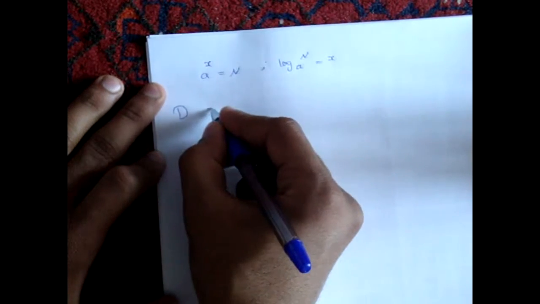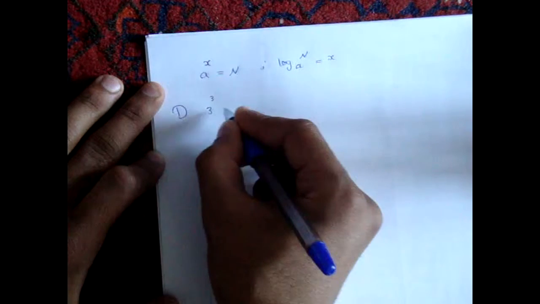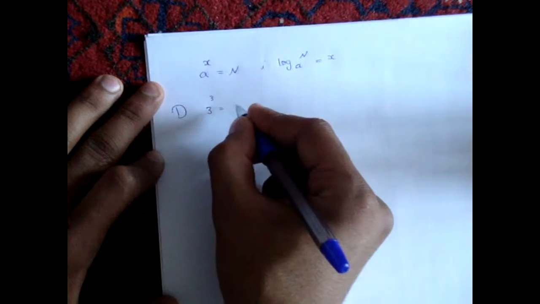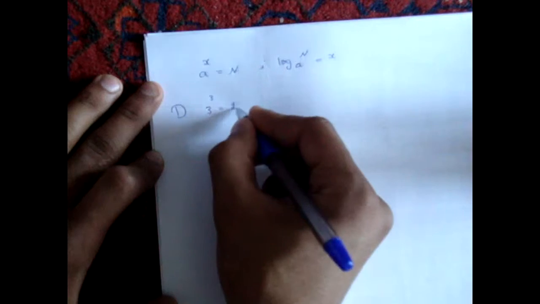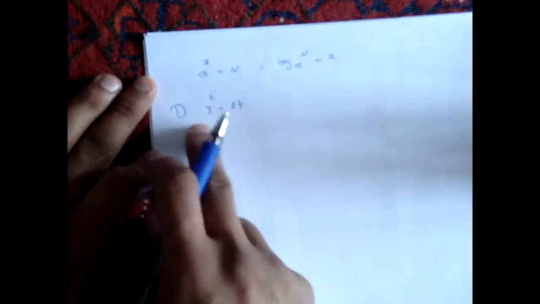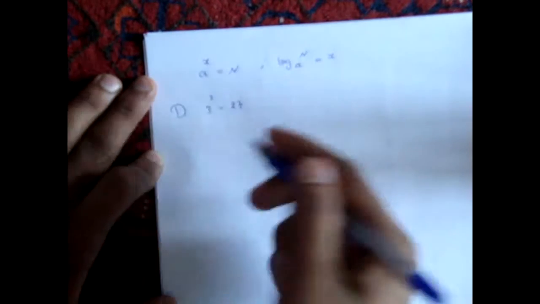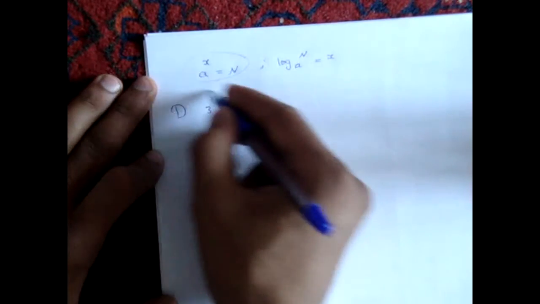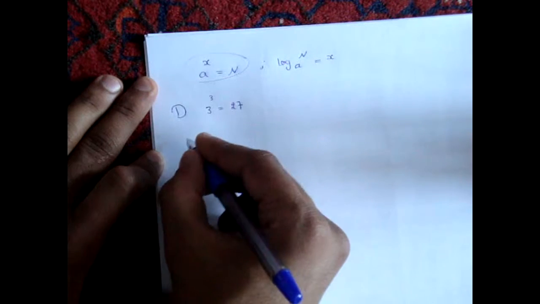So first of all, I want to do an example. This is example number 1. If we have 3 to the power of 3, it equals 27. So in here, this equation is similar to this part of the formula. So what is x?